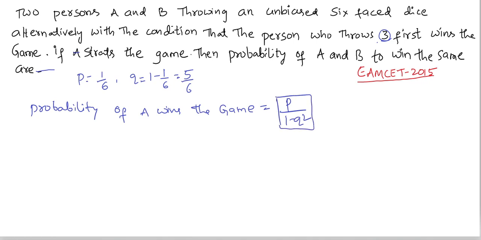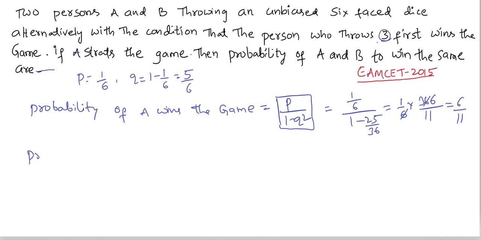So here P value is 1 by 6 by 1 minus Q square, that is 25 by 36, that is equal to 1 by 6 into 36 by 36 minus 25, that is 36 minus 25, that is 11. So 6 times cancelled, that is equal to 6 by 11.